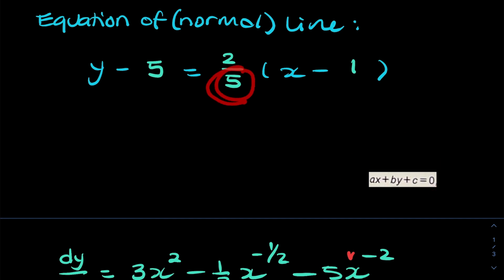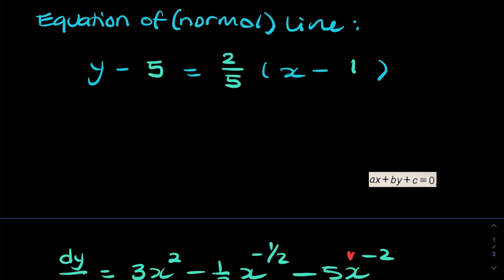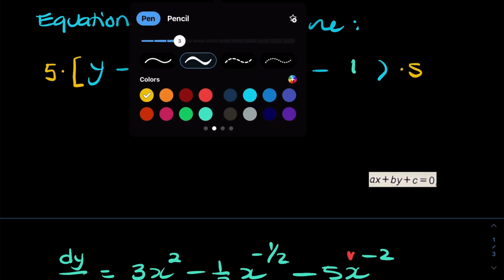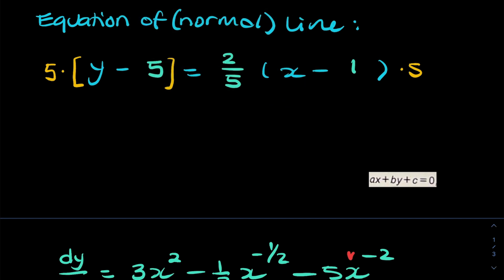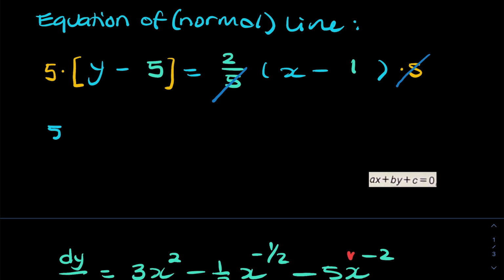So let's get rid of the 5. One thing you could do is multiply both sides by 5. If you multiply by 5, that disappears with that. You need to multiply these out. So you've got 5y minus 25 equals 2x minus 2, because I multiplied that out.